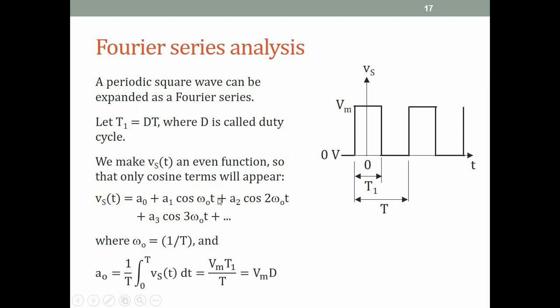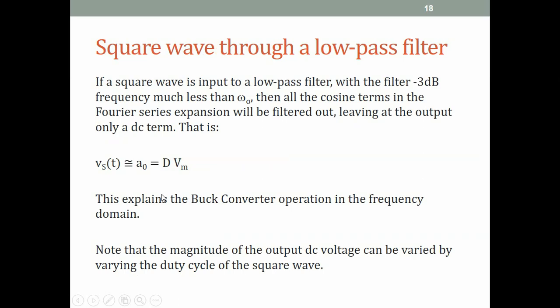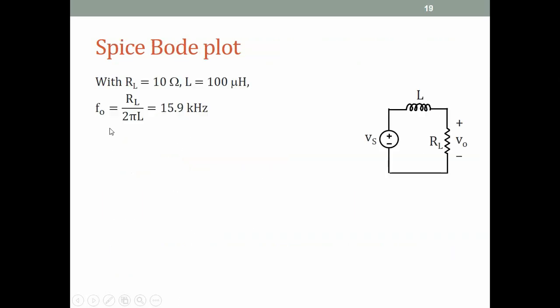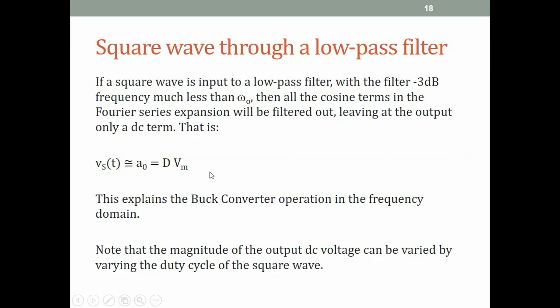They will all become very small at the output, and all that will be left at the output is A0. So effectively, I'm sorry, this is not Vs, this is Vo.